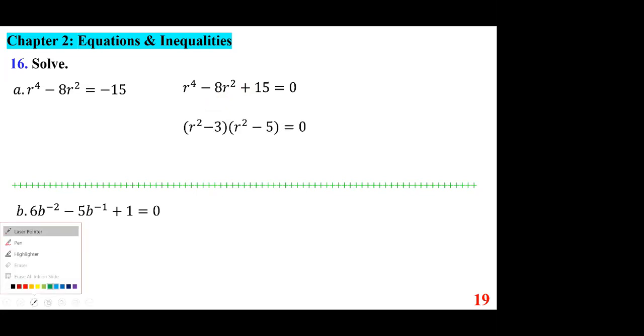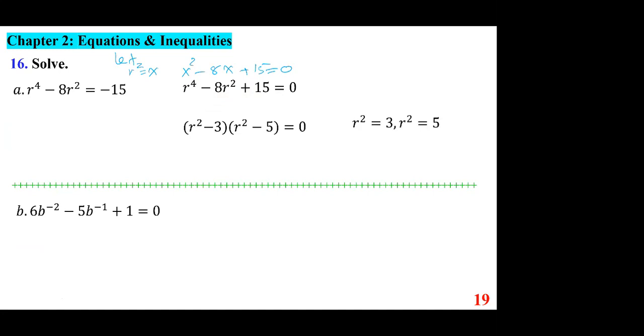Or as I mentioned, if you want, you can say let r squared be, let's say, x, and then it becomes x squared minus x plus 15. Factor that and replace the x with r squared. So r squared is either 3 or 5, and r is plus or minus square root of 3, plus or minus square root of 5.